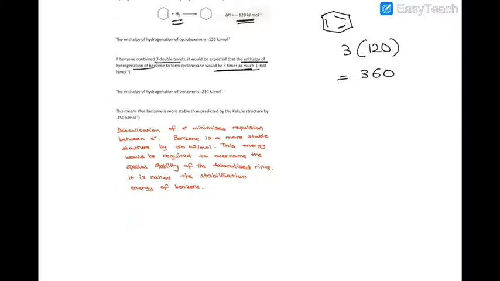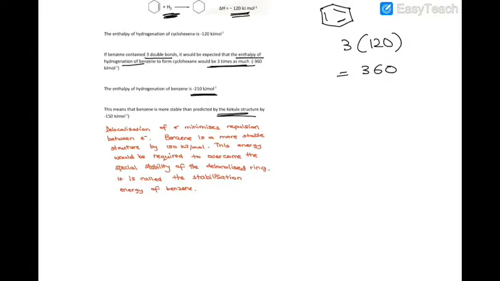So if benzene contained 3 double bonds, it would be expected that the enthalpy of hydrogenation would be 3 times as much. However, practically, enthalpy of hydrogenation of benzene is minus 210 kilojoules per mole, which means that it takes only 210 kilojoules per mole to add that hydrogen, which means that benzene is more stable than predicted by the Kekulé structure. So the delocalization of the electron minimizes repulsion between electrons. Benzene is more stable by 150 kilojoules.